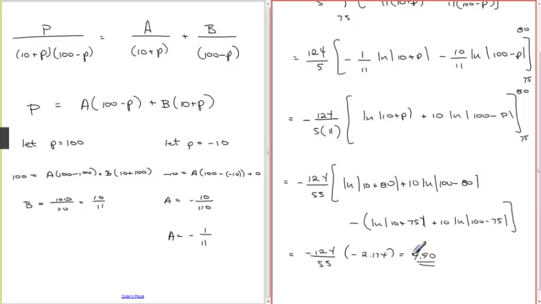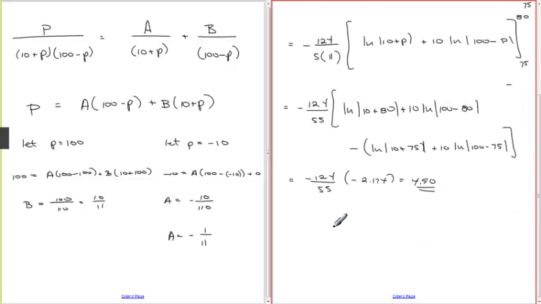And if I check the answer, so that's 4.90, and the problem statement was in hundreds of thousands of dollars. So the actual average value for C, so C average, is $490,000, which is the answer that's given in the book. So we must have done that correctly.